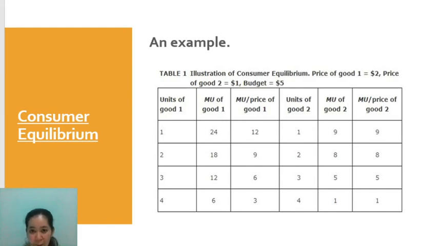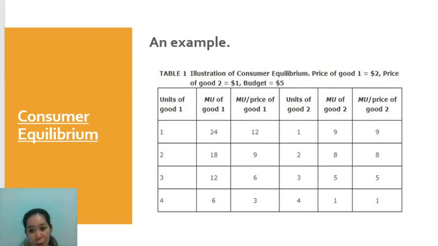Hence, the ratio of marginal utility of the first unit to the price of good number one is 12. So all you have to do is divide by its price, the marginal utility divided by the price of good one. We have the same process for good number 2.